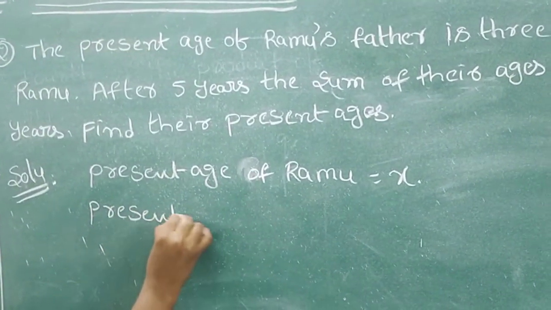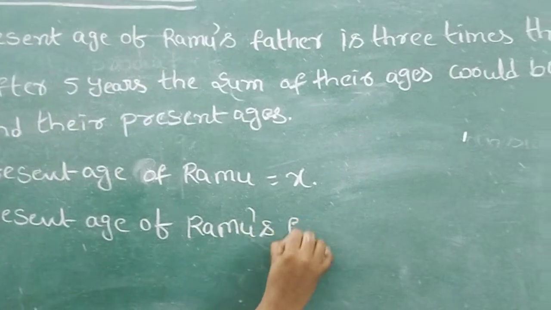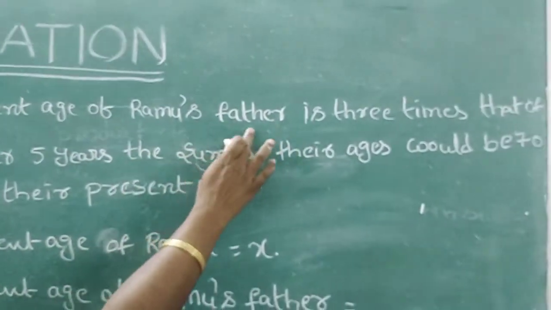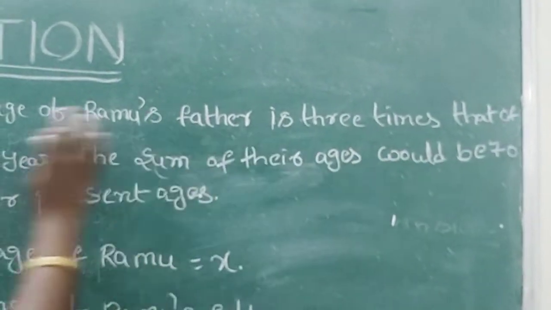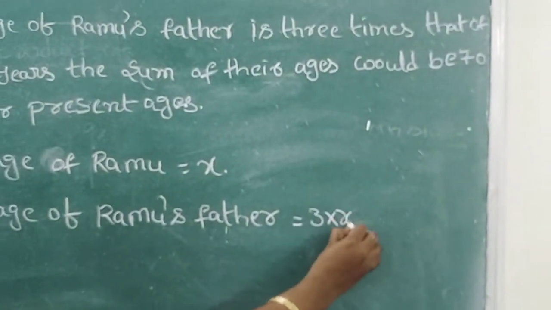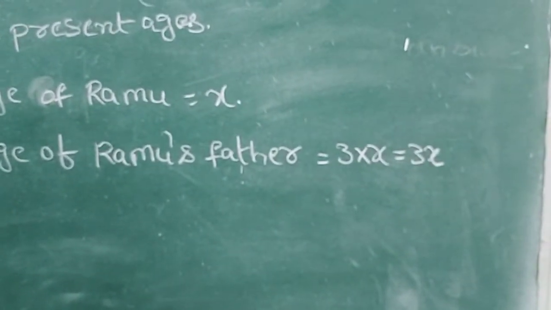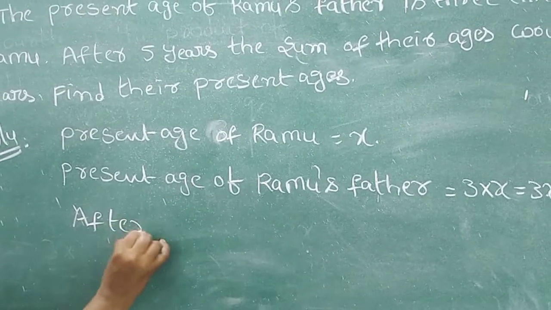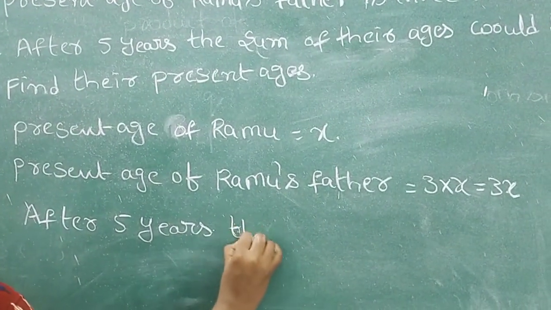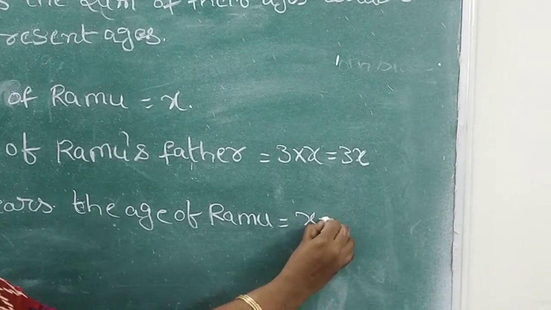The present age of Ramu's father is 3 times that of Ramu, so 3 into x is 3x.